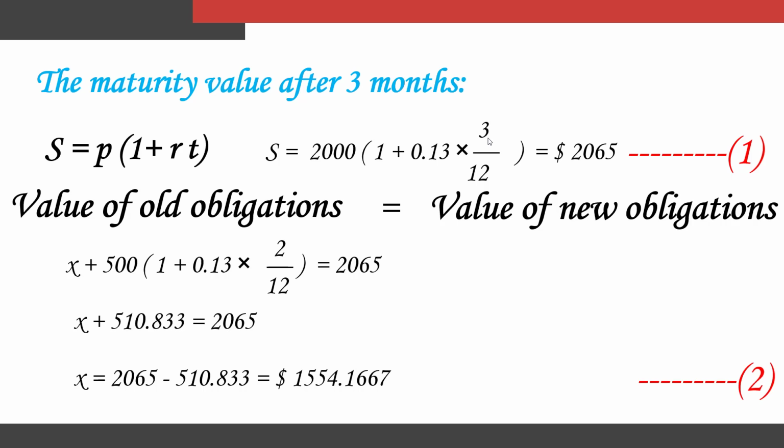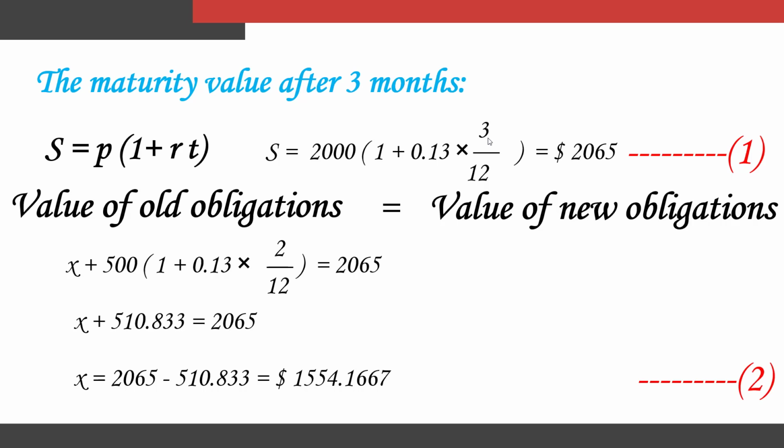Now we write the main formula: value of all the obligations equals value of new obligations. The new obligations are on the left hand side and the old obligations on the right hand side. The old obligations are X and $500, so we need to get the amount of $500.